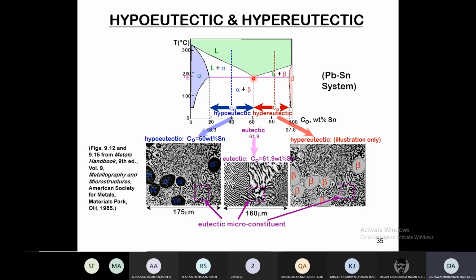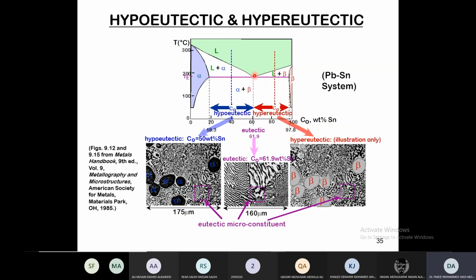If we are cooling at the eutectic composition, nearly 61.9, and passing through the eutectic point, we will get basically the eutectic microstructure, which is the lamellar configuration. All the microstructure will consist of the lamellar configuration, as shown here.